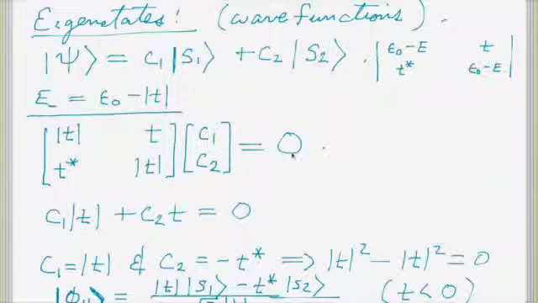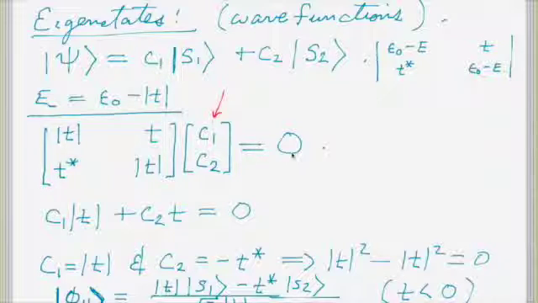So in this little 2 by 2 matrix, we already calculated the eigenenergies as E plus and E minus, and then we went ahead and calculated the eigenvectors, which would be these column vectors here. And I made it more complicated than necessary.